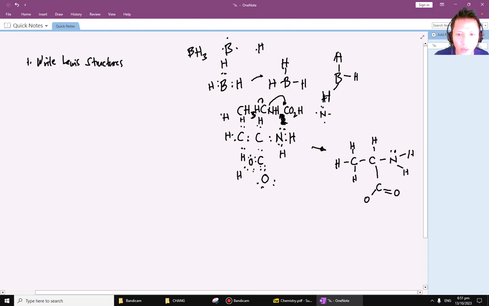So that carbon is already filled, and this oxygen would have hydrogen and two lone pairs, while this one has a double bond and two lone pairs. So I think this is triose. Tri means it has three carbons, while it is a sugar.